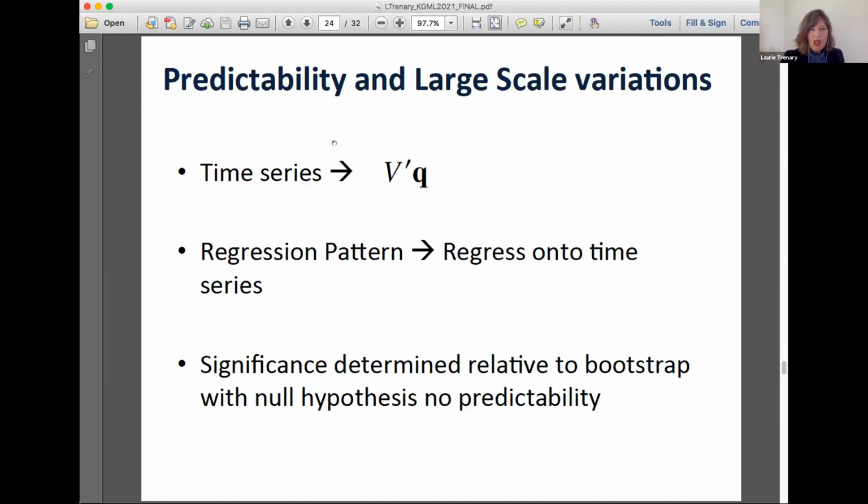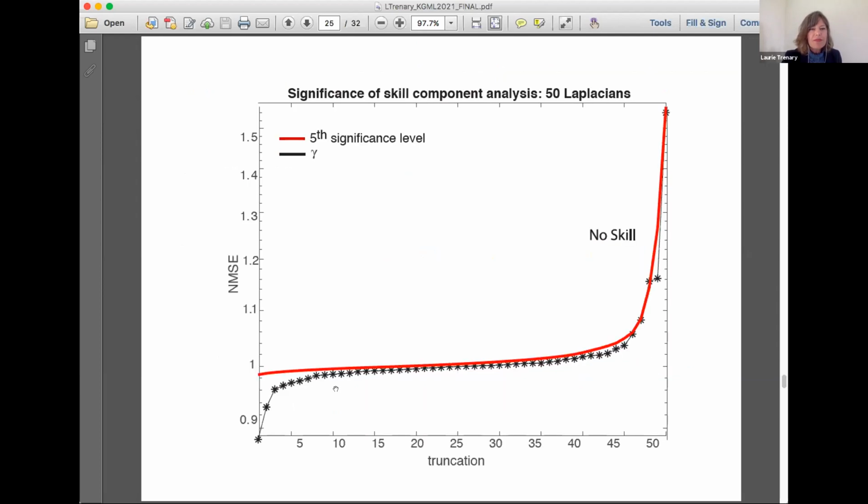When we do this decomposition, we're finding the most skillfully predicted large scale patterns. Associated with each pattern is a time series, which we can get by projecting the data onto the eigenvectors. And we can get the regression patterns by regressing the data set onto that time series. We'll estimate significance with respect to a bootstrap.